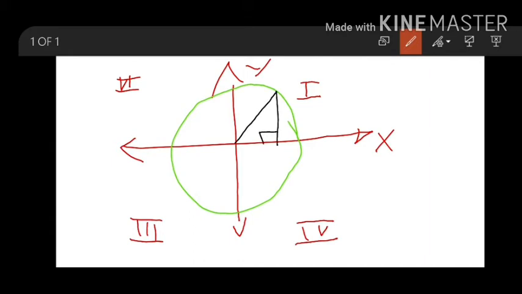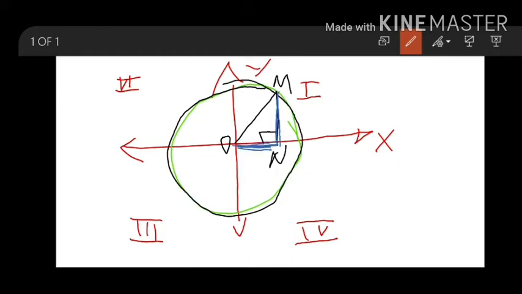Okay, so let's say this is O M N. So with the help of this right triangle, if I rotate this right triangle along this unit circle like this, if I rotate, so we are taking this unit circle center at the origin.